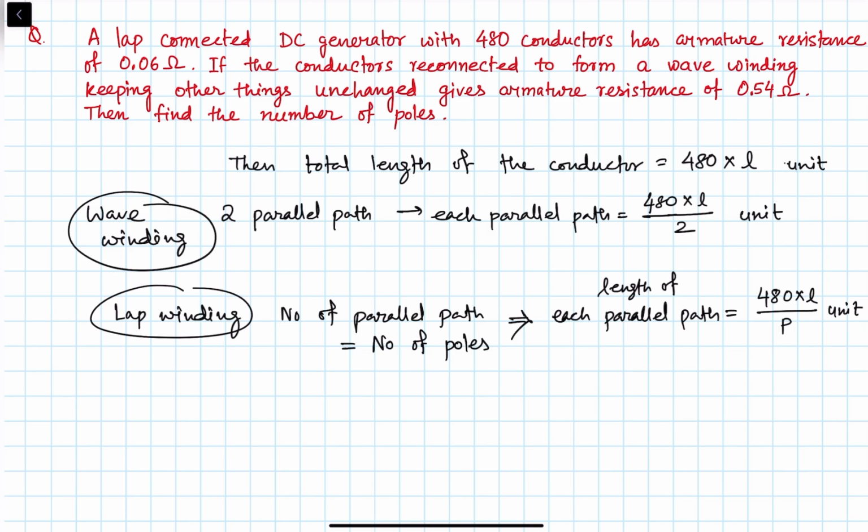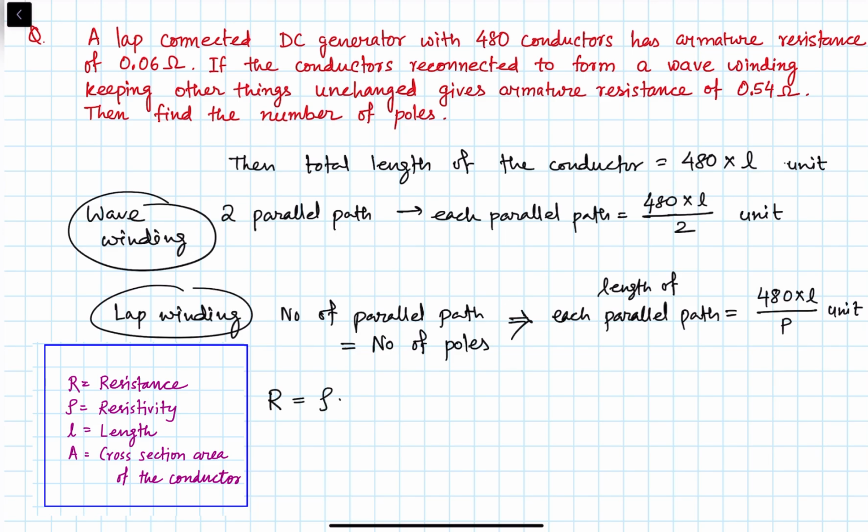Now, what is the formula of resistance? The normal formula that we have studied in class 10 or 12th. We know that resistance R is equal to rho into L upon A. Here R is the resistance, rho is the resistivity, L is the length, and A is the cross section area of the conductor.